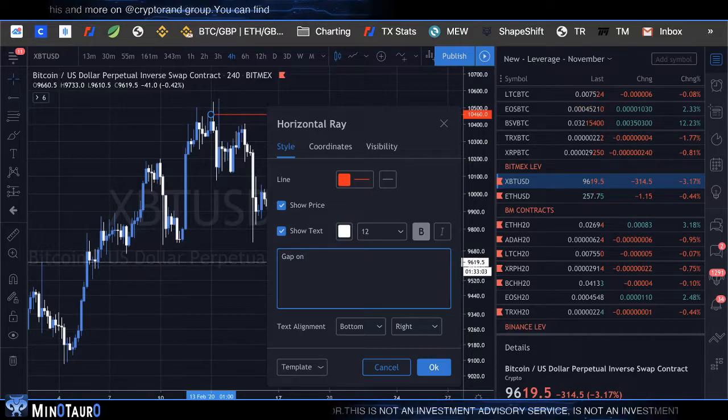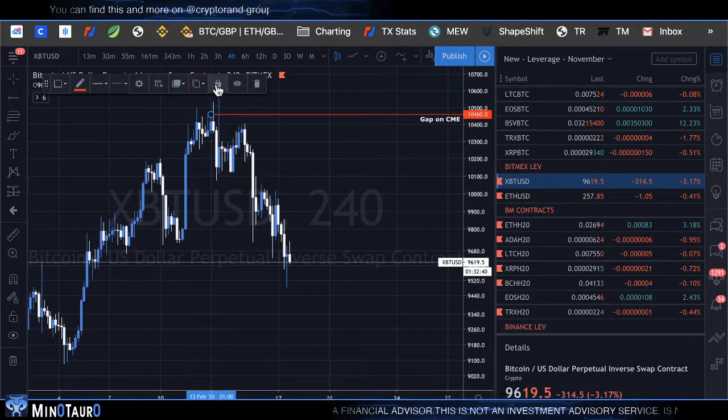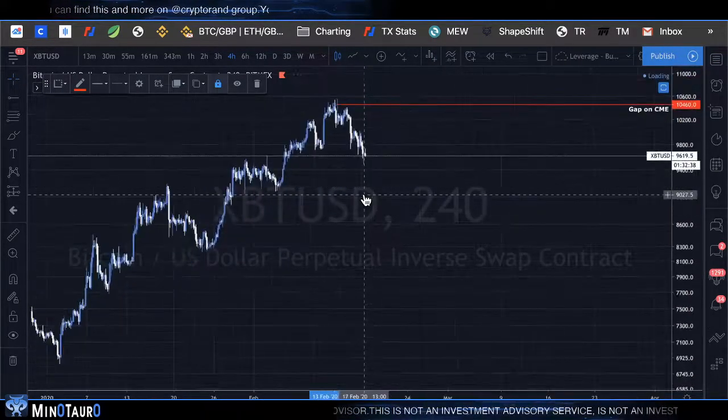Then we put here a gap on CME. They have different prices because the CME comes with a premium, but just to understand what we have in mind here. Gap 1 CME. Okay, so put this here. Just forget about everything.